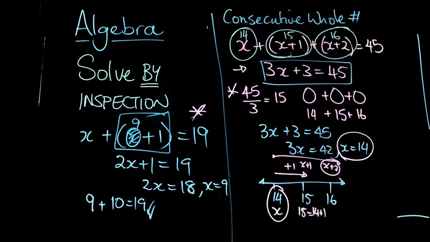And so the number has to be the same. So x is 14, this is 14 plus 1, which is 15, and then the same value, 14 plus 2, well, that's 16, and that's how these numbers drop out. And that is a good launching pad for you to be thinking about consecutive numbers.